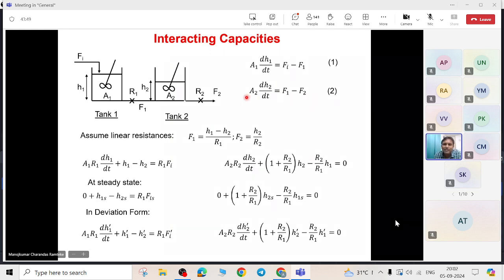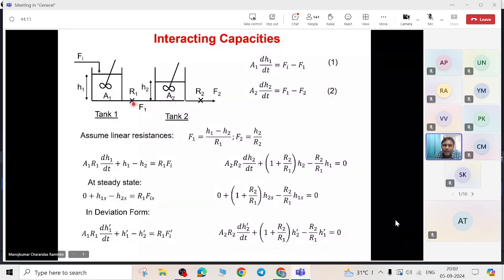Now, the important point to note here is that if we assume the flow rate F1 is linearly proportional to the hydrostatic head, the hydrostatic head in this case will be what? H1 minus H2, isn't it?